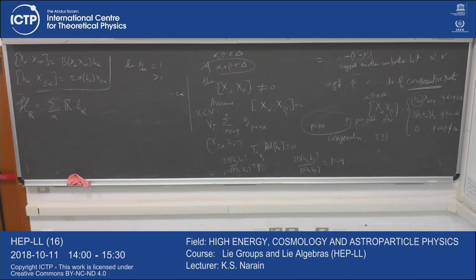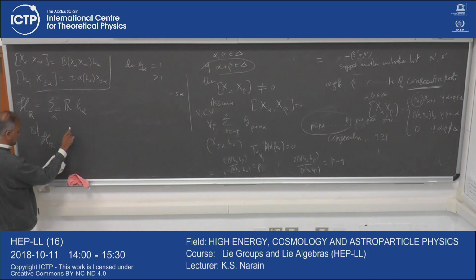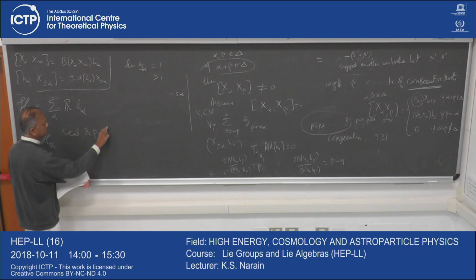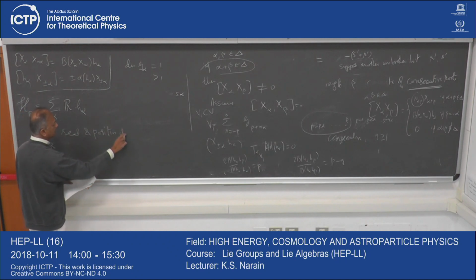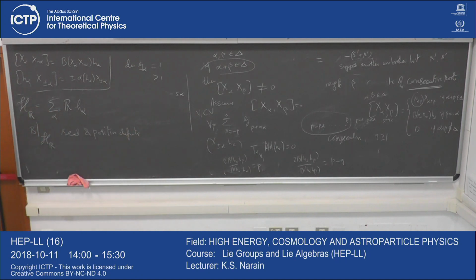And the claim is that in this space, if you take the Killing form B and restrict it to this subspace H_R, then it is real and positive definite. Which of course means that you can apply all the things that we know from Euclidean geometry.